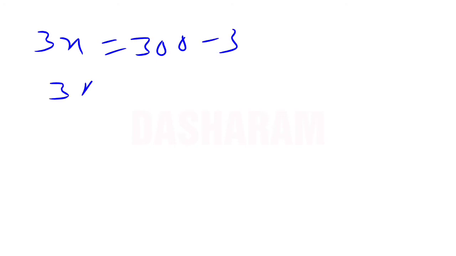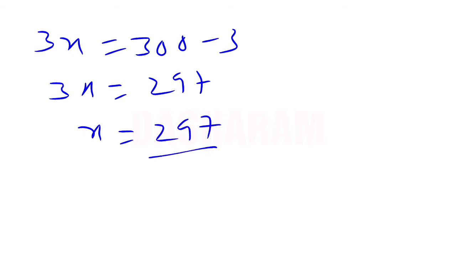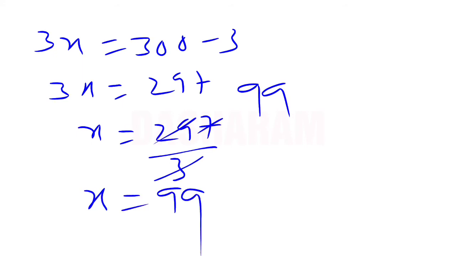To get the x value, first I am transposing the plus 3 to the other side. So 3x equals 297, then x equals 297 divided by 3. 3 ones are 3, 3 nines are 27, remainder 2, next digit 7, 3 nines are 27. So x equals 99 grams.